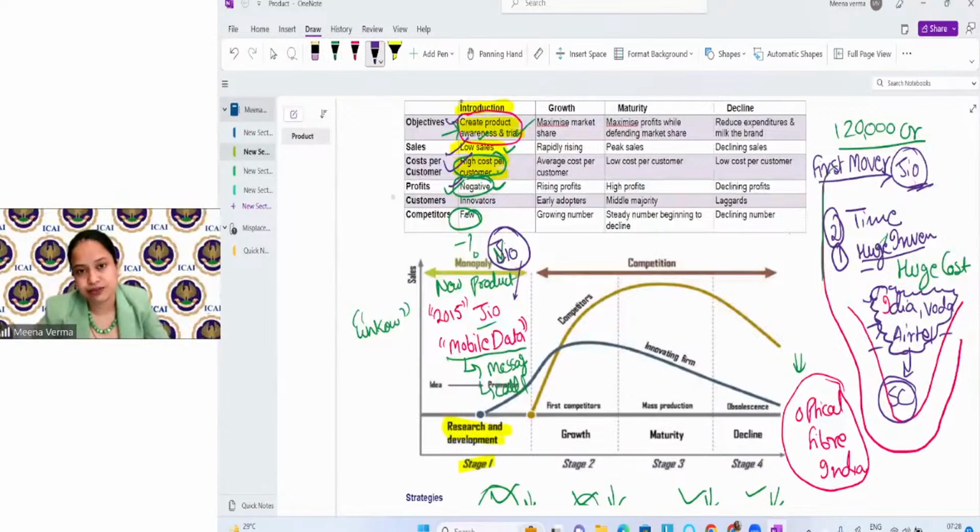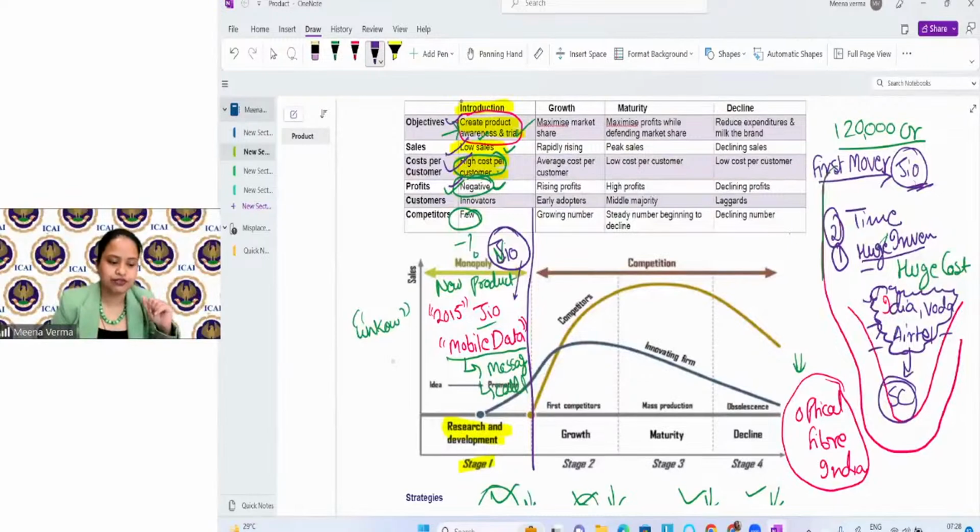And actually, predatory pricing means you cannot sell your product at a price which will result in losses to your competitor. Predatory pricing is not allowed. So for that reason, later on, Jio increased their tariff rate of mobile data, but initially it was free. I hope you all remember. So this is how Jio introduced their product in the market.